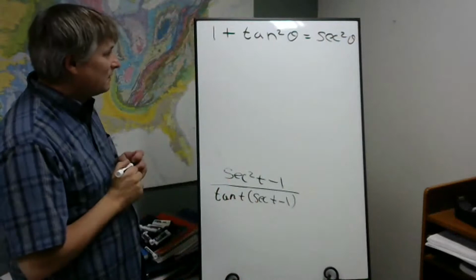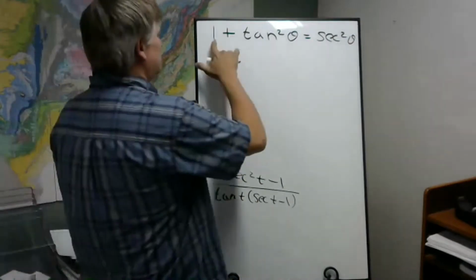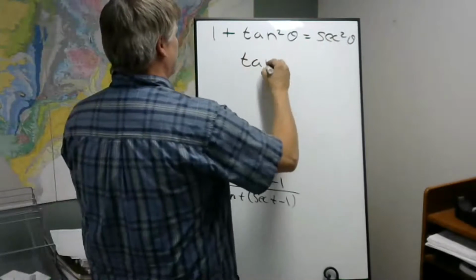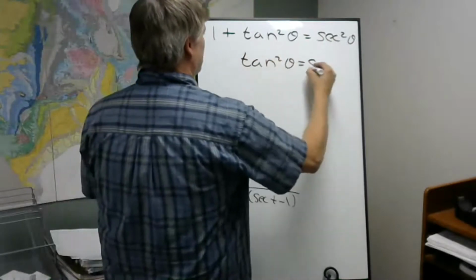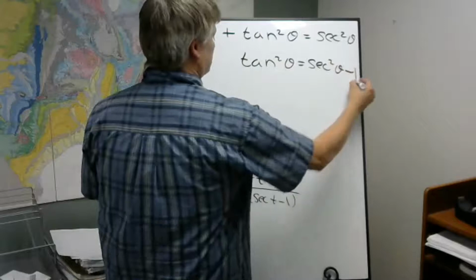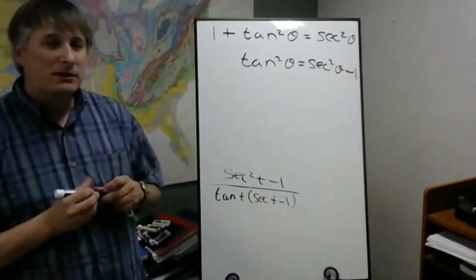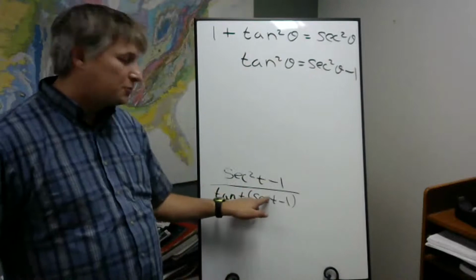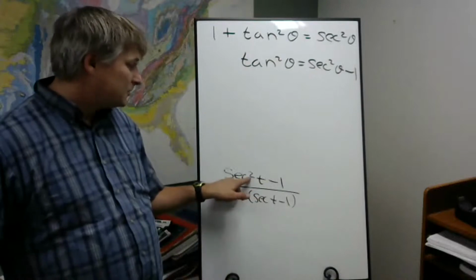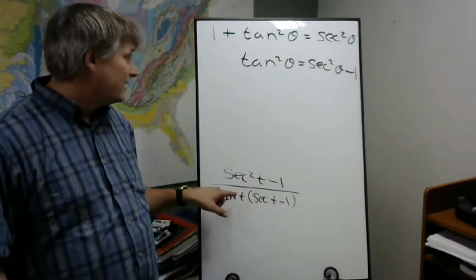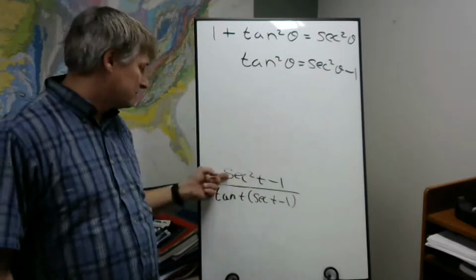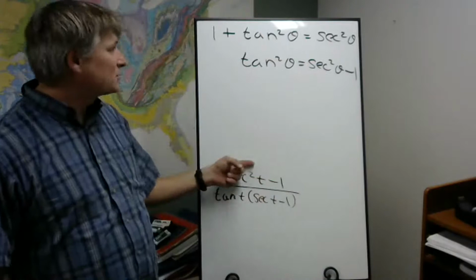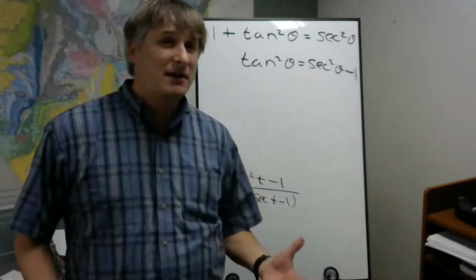So what we can do is subtract 1 from this side. Now, why am I doing this? Well, I'm not really concerned about this because there's no squared. There is a squared on this one. And if I can turn this into tangent squared, I have a tangent into tangent squared, that's going to give me the other side that I want.